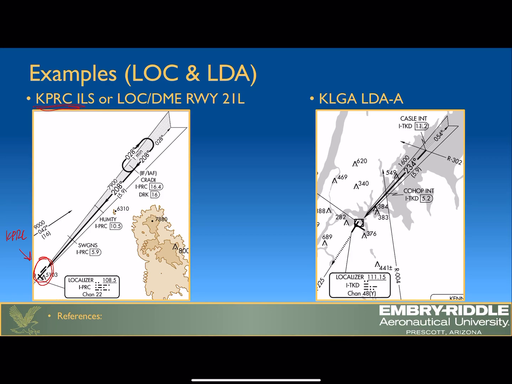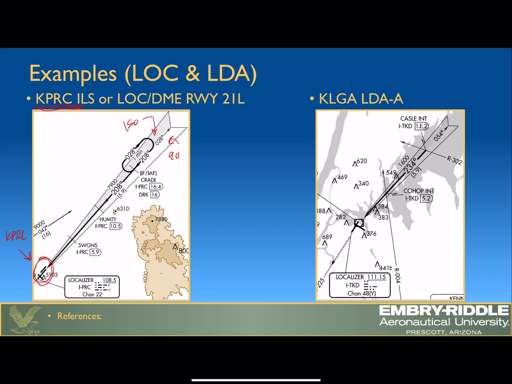And then you can even see the two sides of the localizer. So we have the 150 hertz side, the 90 hertz side. So you can see that they are shaded differently to help you identify. And this is what you would intercept, and this is what would guide you in to runway 21 left. This is giving you, again, horizontal guidance, or left to right guidance.